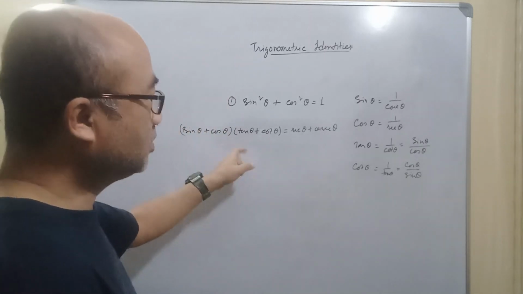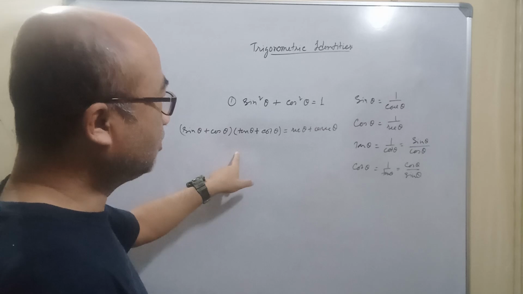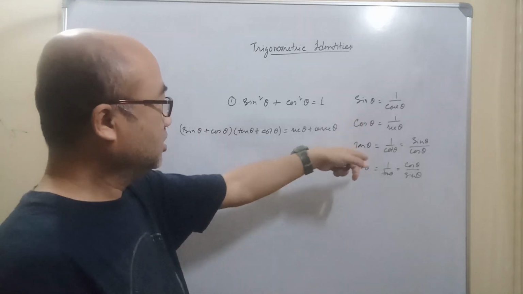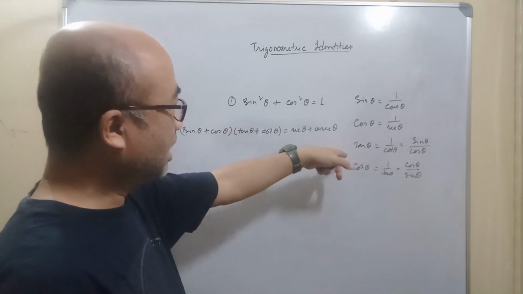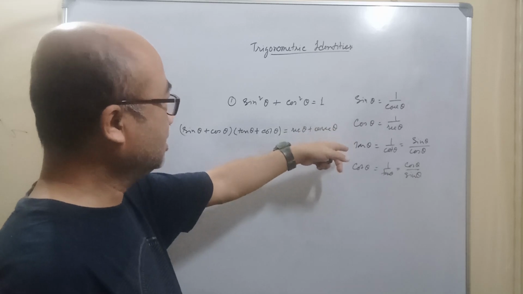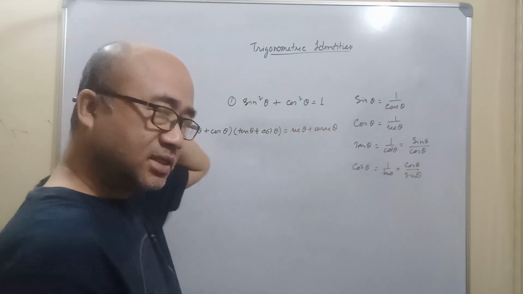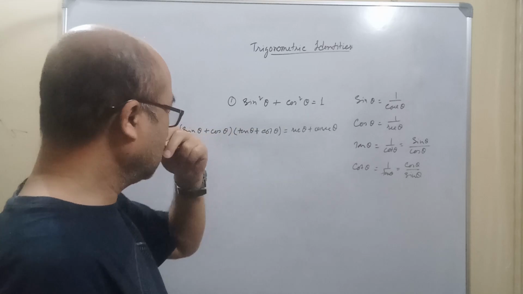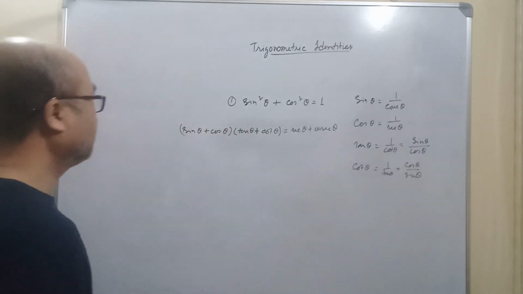So to solve this problem, we will need the help of trigonometric ratios as well as trigonometric identities like this one. So let us see how we can do that.